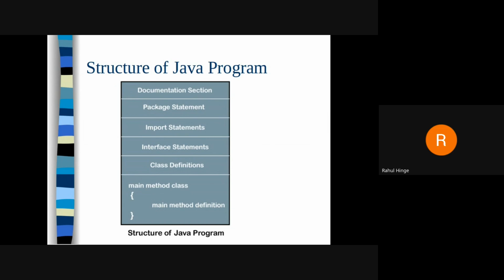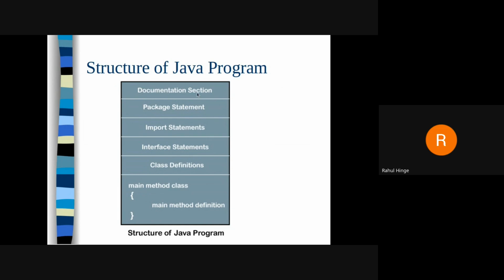In this picture, you can see a few blocks. So the first block is the documentation section. Inside the documentation section, we can write the information about our program: who is the author, when it has been run, what is the use of this program. All the information about the program we can put inside the documentation section.